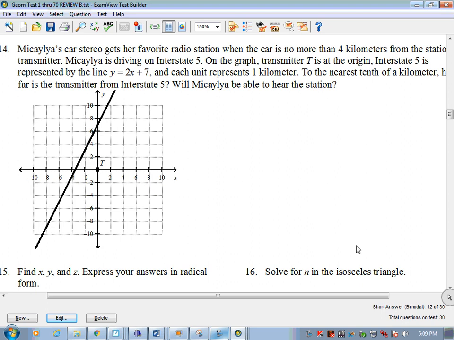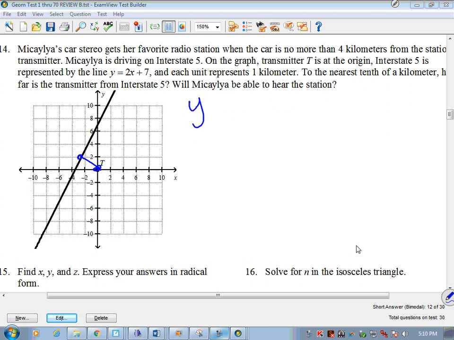All right, so we need to find the distance from T to that line, and if you remember, one of the things we said is that the shortest distance from a line to a point not on that line is a perpendicular line. So we're going to find the line that gets from here to here, find the coordinates, and find the distance from this point to this point.